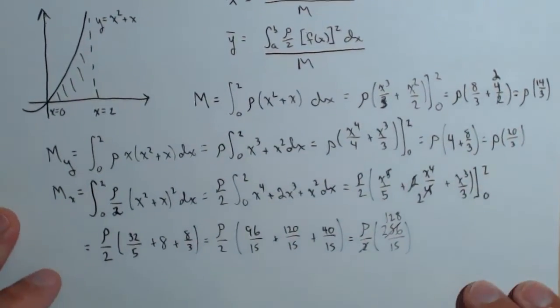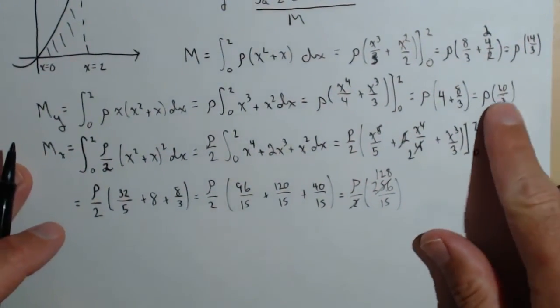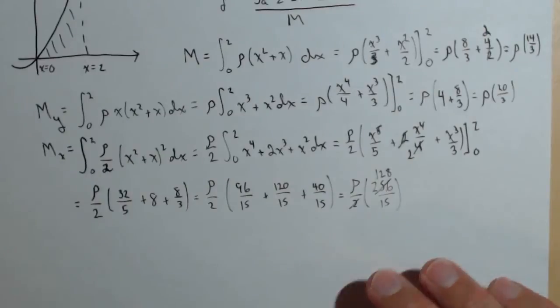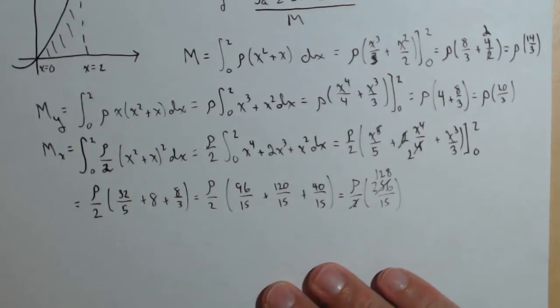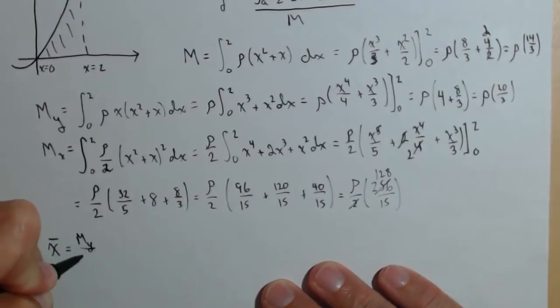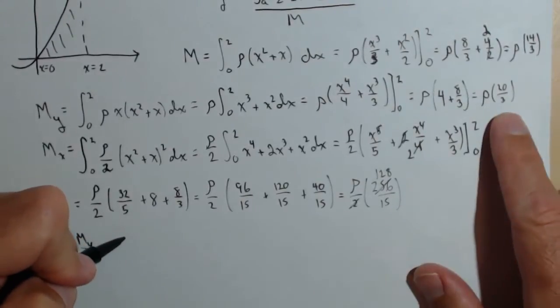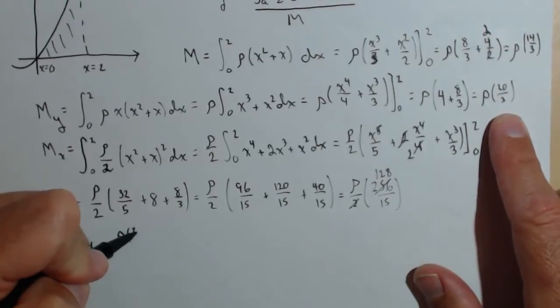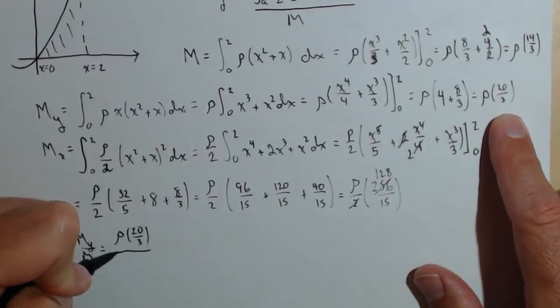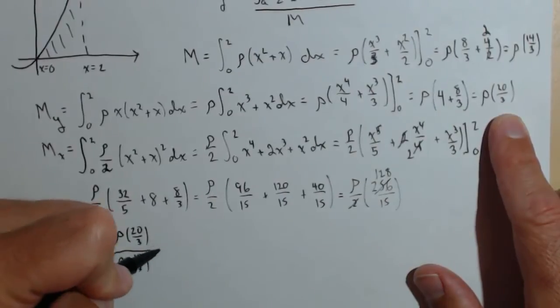I'm going to move up a bit here because I've got all my values, and we'll double check that we like what we get for x bar and y bar. First off, x bar is m sub y over m. So rho times 20 over 3 over rho times 14 over 3.